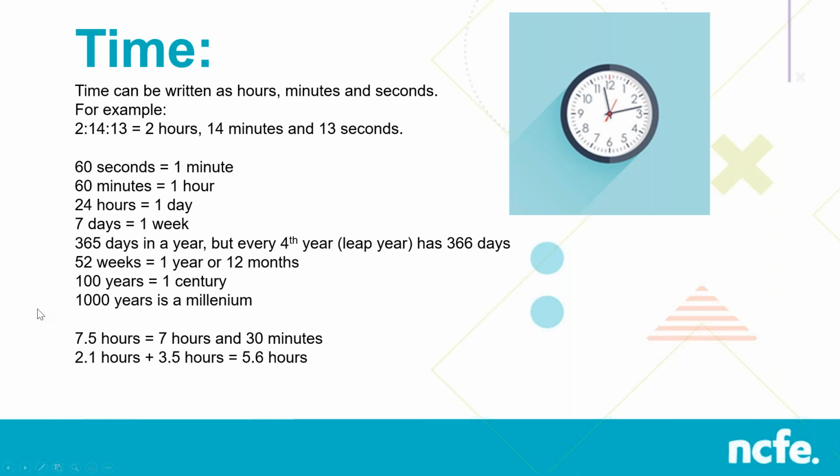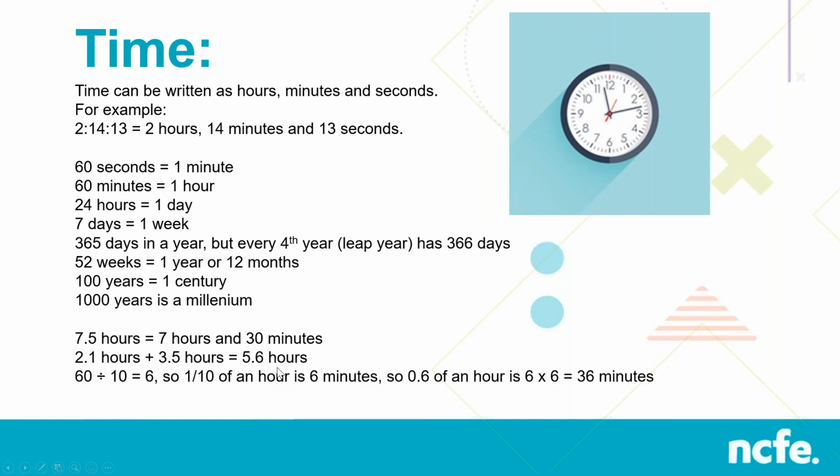So if you were doing a calculation of 2.1 hours plus 3.5 hours, you would see, adding it together, 2.1 plus 3.5 is 5.6 hours. But in order to calculate what that is in hours and minutes, we would need to convert. 60 divided by 10 would give you 6. So a tenth of an hour is 6 minutes.